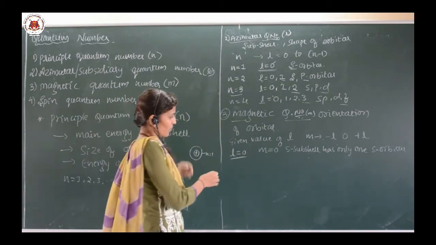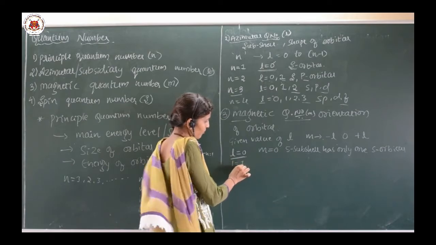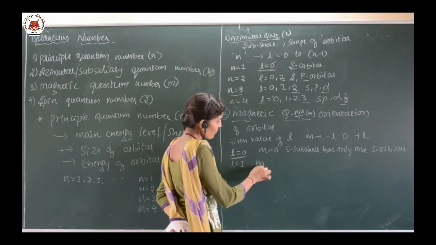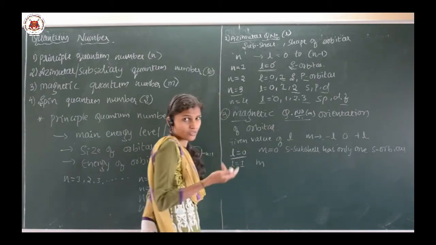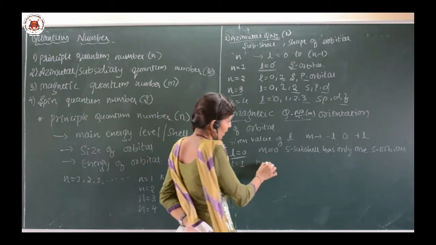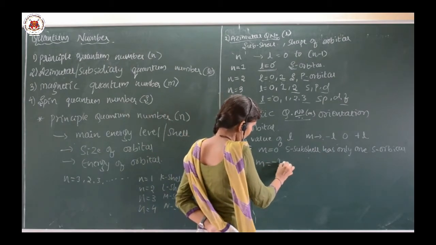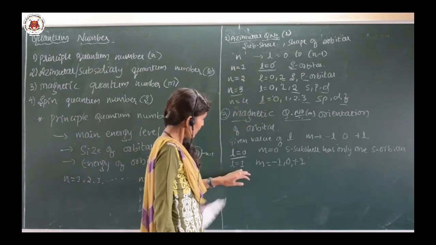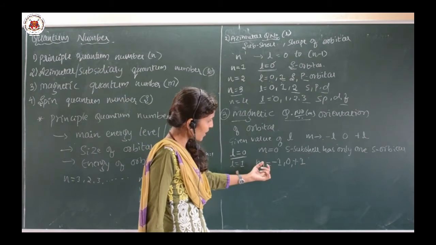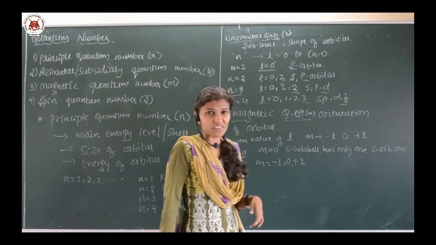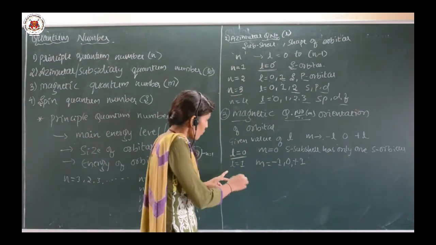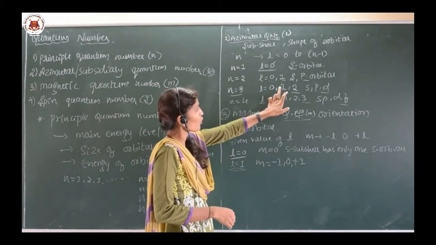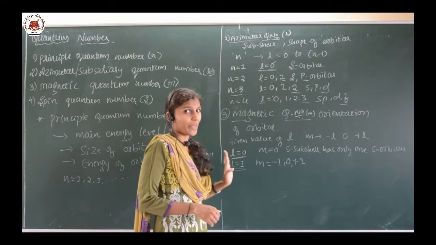Suppose l is equal to 1. During that time, what is the value of m? I said minus l, 0 and plus l. It means it can take the values minus 1, 0, plus 1. So, when l is equal to 1, which subshell is it? l equal to 1 means that will be p.